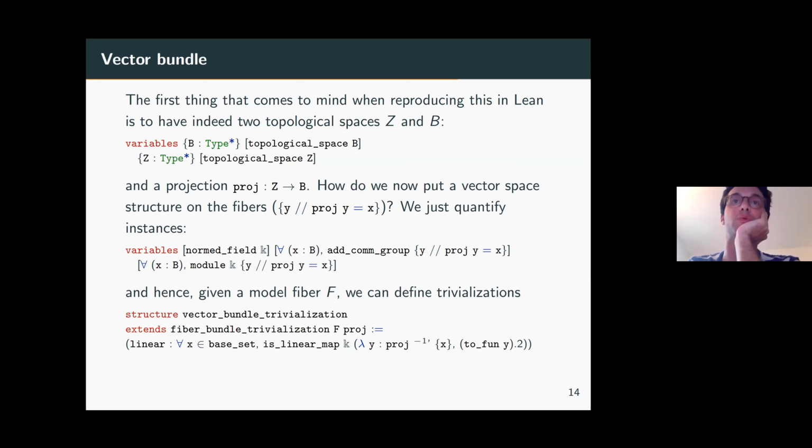And in order to do this, we just quantify over the base space when we put our instances, and we have the data that is required by the definition. Then, given a model fiber, we can define trivializations in basically the same way as in standard mathematics, and we can then give a definition of vector bundles directly.